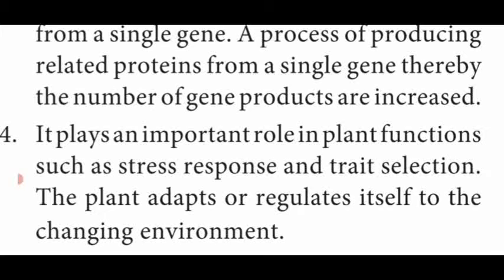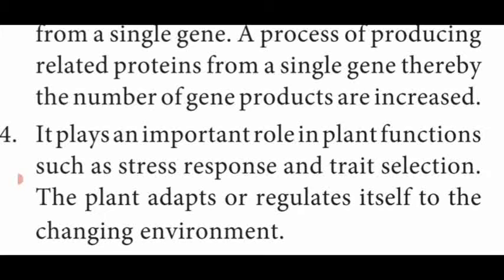Also, with the help of alternative splicing, plants meet environmental problems or stress. This splicing method makes plants adapt to any kind of environmental situation. These are all the different advantages of alternative splicing.